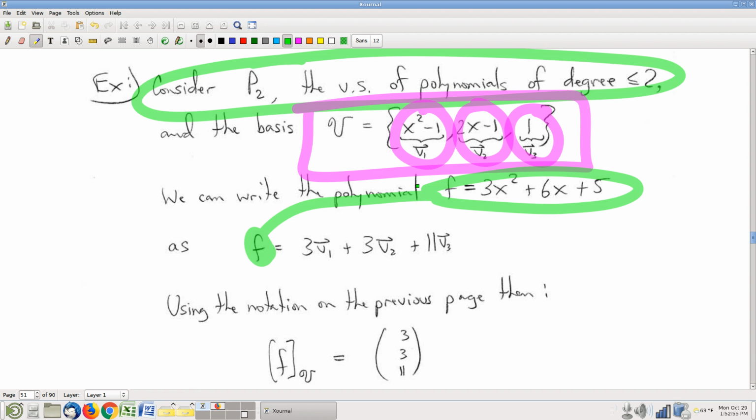Okay, so we recall representing a vector with respect to a basis means figuring out how to write it as a linear combination of those basis vectors. Whatever the coefficients are in that linear combination, those are the coordinates of the vector with respect to that basis.